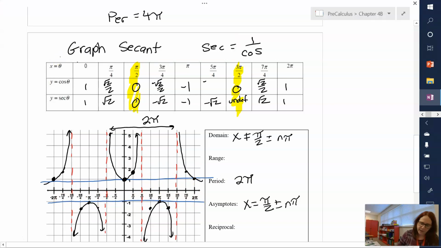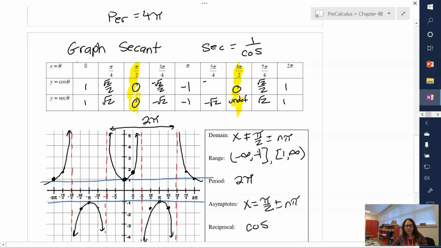So I'm going to say I'm allowed to be -infinity up to -1, including -1. And I'm also allowed to start again at 1, including that, and it goes up to +infinity. So that's my range. Reciprocal, so 1 over secant is the cosine.